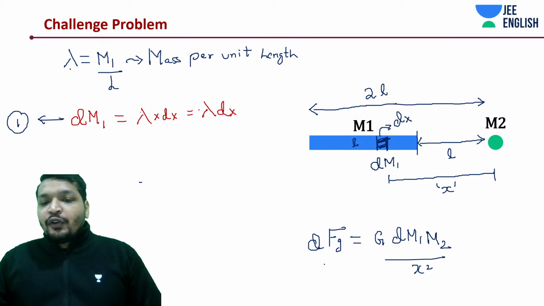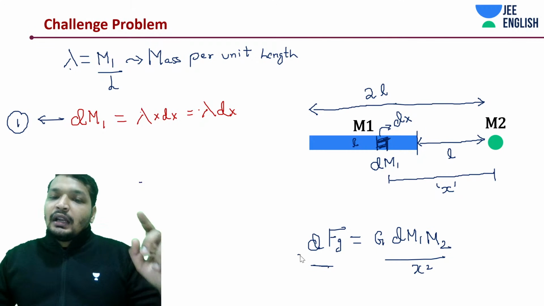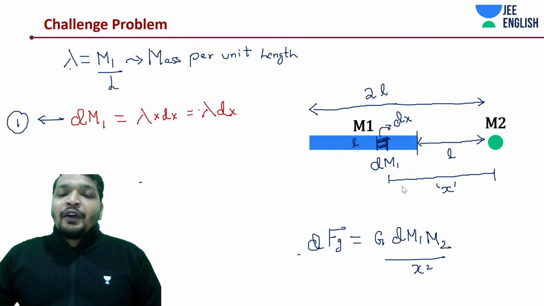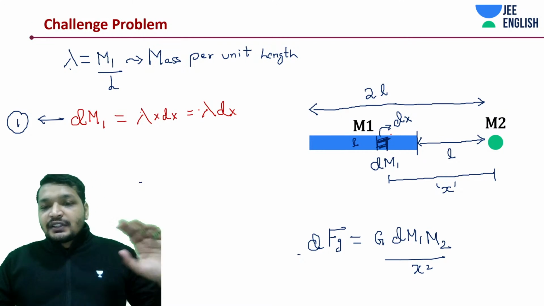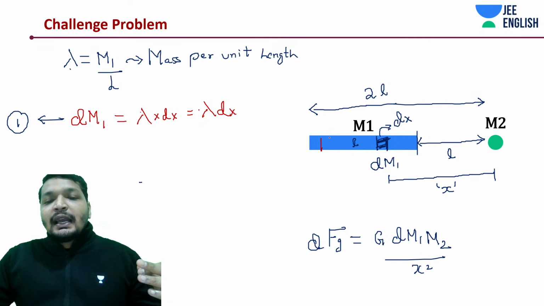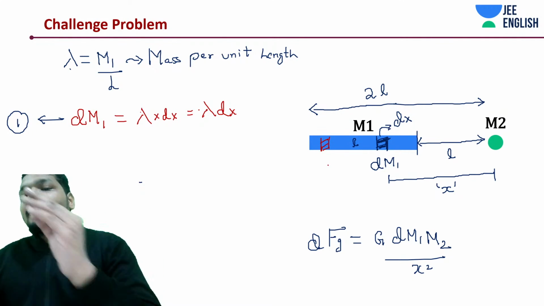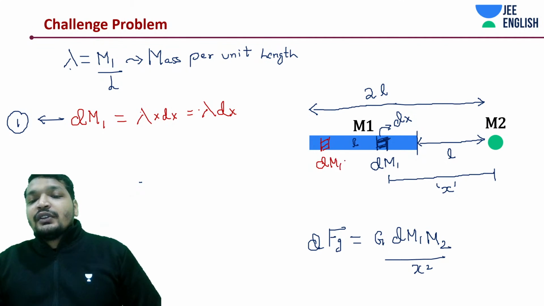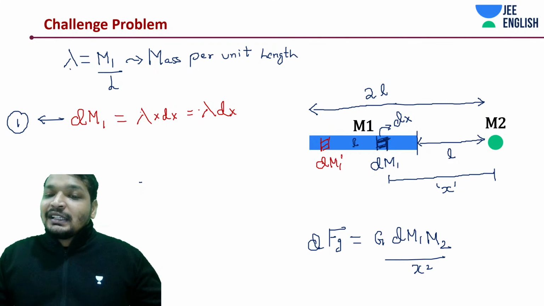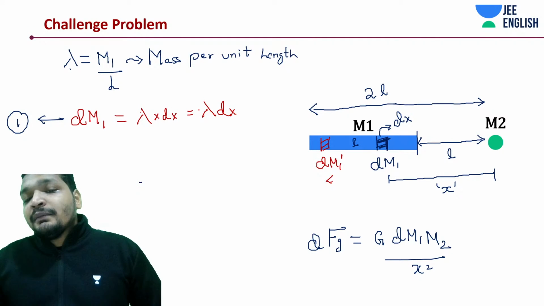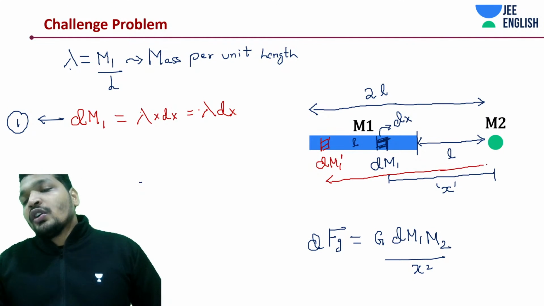This is just the force due to that small elemental mass. And why are we doing this? If you're noticing, for every small element, even though they have the same masses, if you're thinking about dm1, and dm' somewhere over here, they have the same masses, but they are at different distances from m2. The distance from this m2 is altogether different, like some x'.